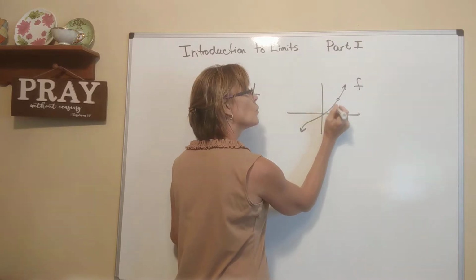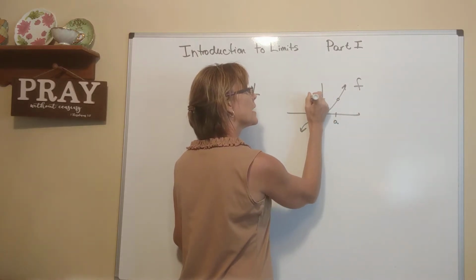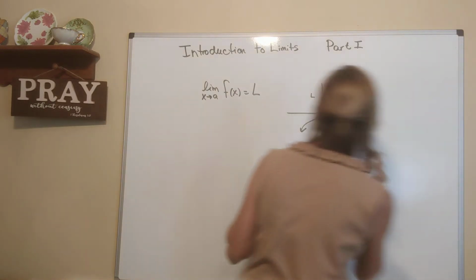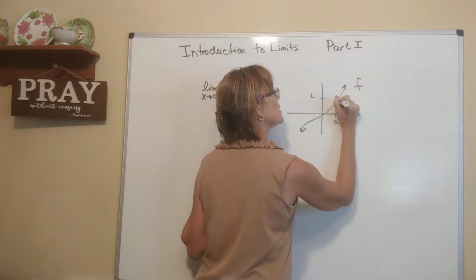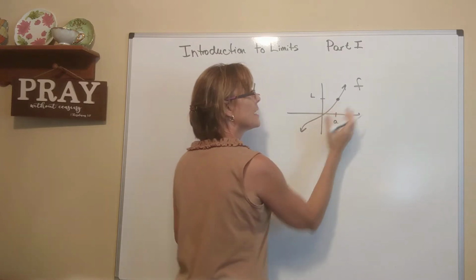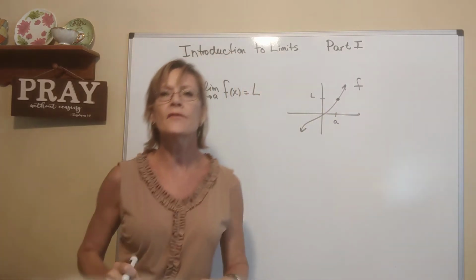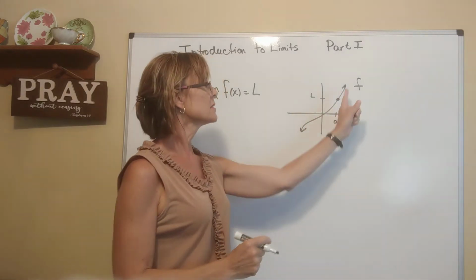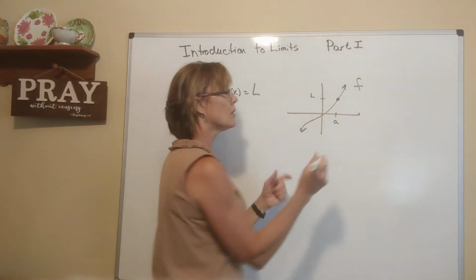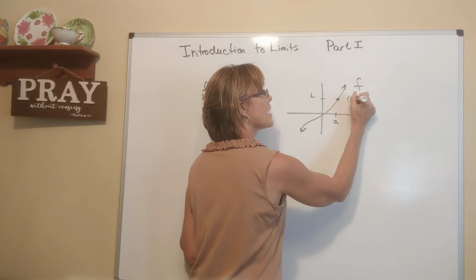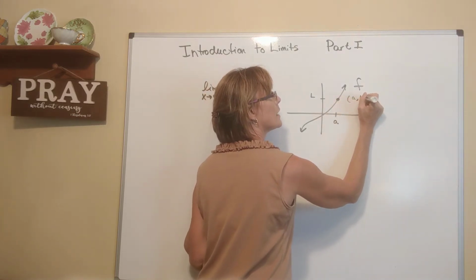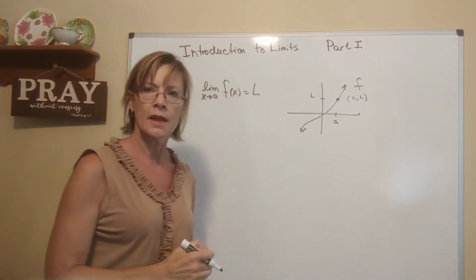But the y value right there would be L. We'll make it a closed circle, I don't want to complicate things. I made that point super big just to emphasize it, but really it's just a point like any other point on here. This is the point on the curve f where, when x is a, y is L. That's the point (a, L).